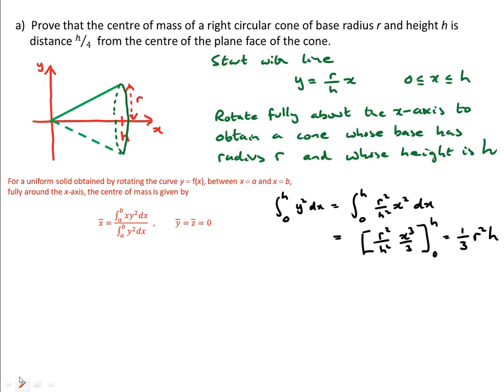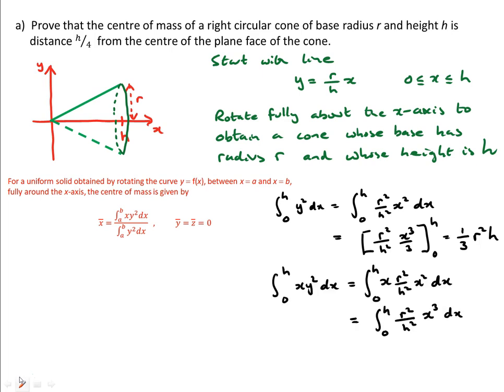When we put the upper limit in, we get r squared h cubed over h squared times 3. In other words, we get 1/3 r squared h. And when we put x equals 0 in, we get simply 0. So the value of the integral of y squared is 1/3 r squared h.